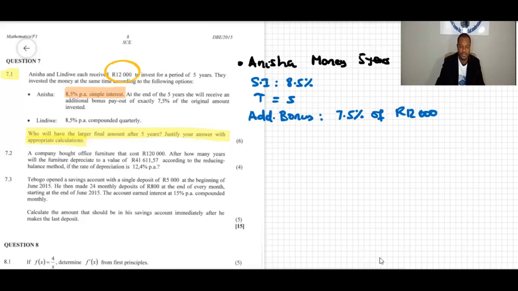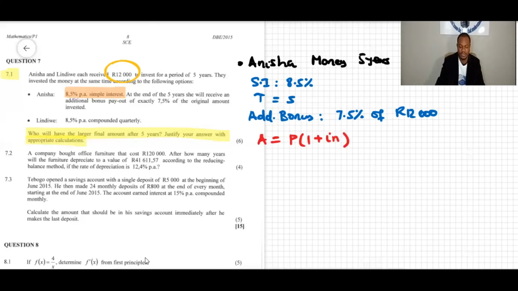So to find the final amount, we're going to work out the amount, which will be the principal. Let me write the formula. Amount will be equal to the principal for the simple interest, plus, open bracket, 1 plus IN.